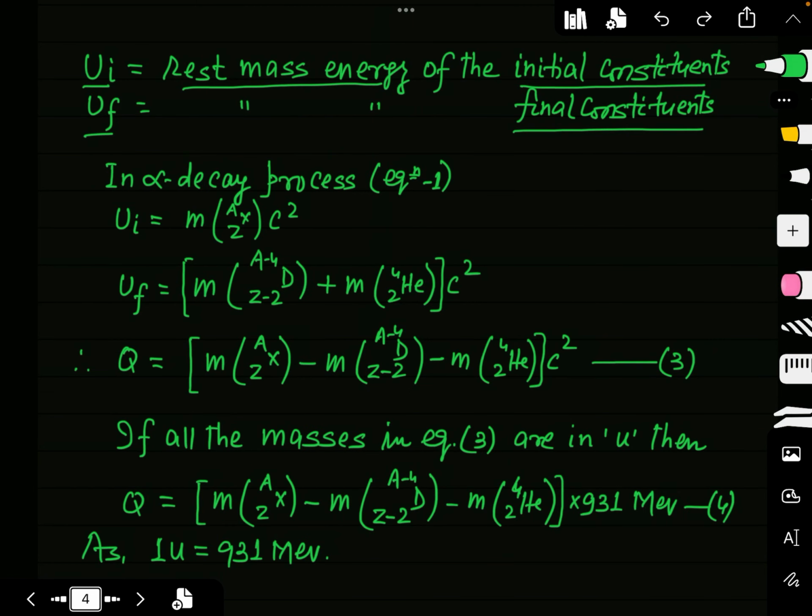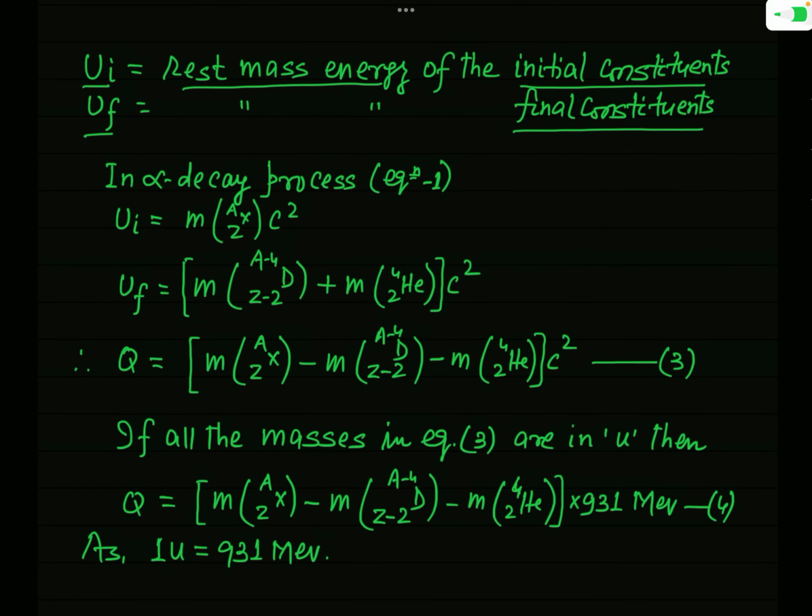So you should note what the rest masses of these components are. ZXA is the parent nucleus. I have considered here its mass to be m of ZXA. This is just a symbol, the rest mass of the nucleus ZXA.